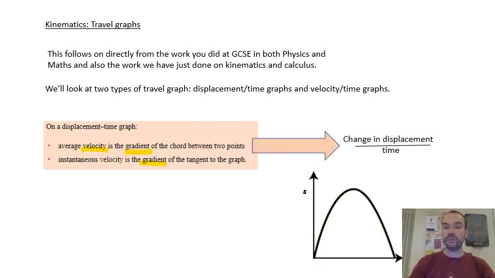Now the average velocity is described as being the gradient of the chord between 2 points, change in displacement over time. That's actually the same definition as we used in the previous chapter. What do we mean by a chord? If I consider this point here, at this time the displacement is that one there.